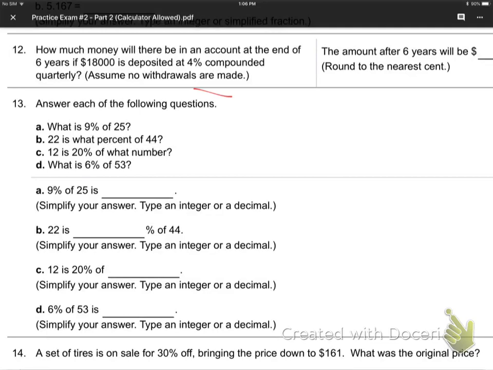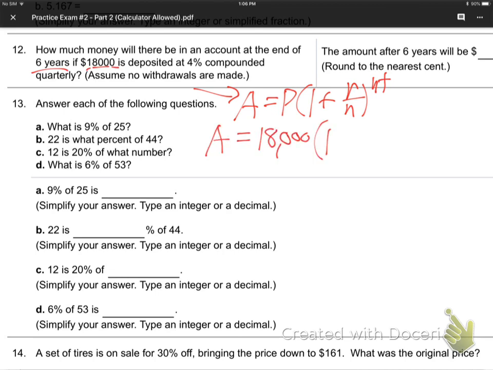So number 12, we use the formula A equals P times (1 plus r over n) to the nt. How much would it be? It's 6 years. So 18,000 is deposited, so the principal is 18,000. The interest rate is 4%. What is n? Quarterly, that is 4 times a year. And t again is 6 years. So n is 4, t is 6.